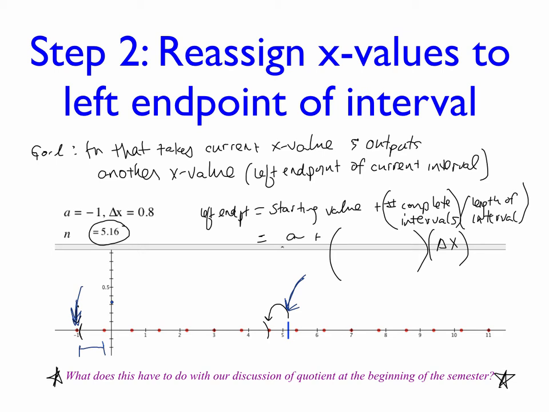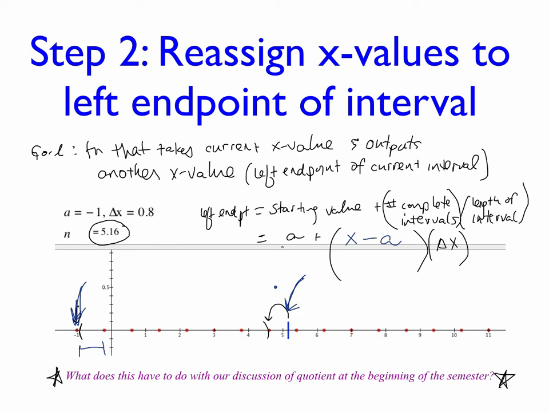We learned all of that specifically to be able to say, hey, I can figure out how many delta x lengths fit inside of the total length between the starting value and the ending value. And I would do that by taking this whole length. So how could I represent the whole length between the starting value and the current value? Current value minus initial.